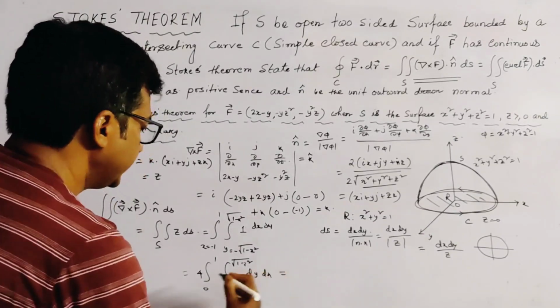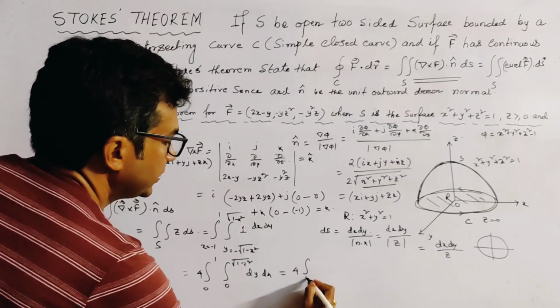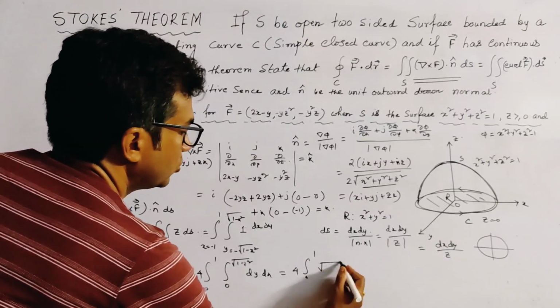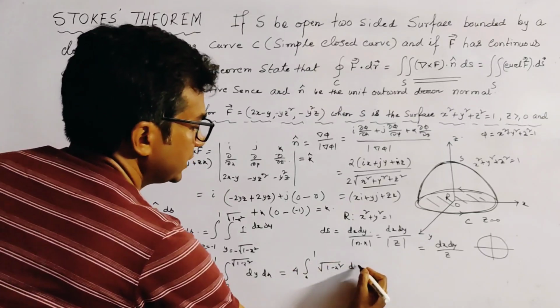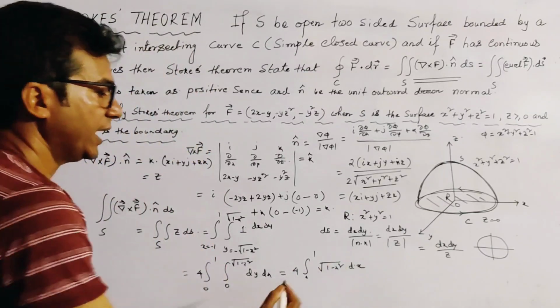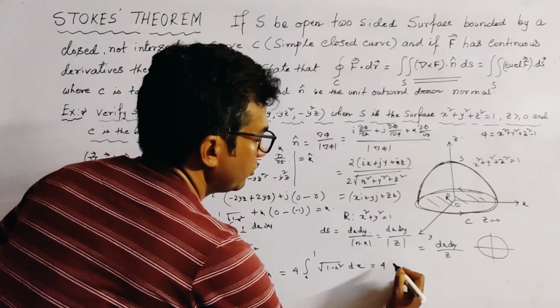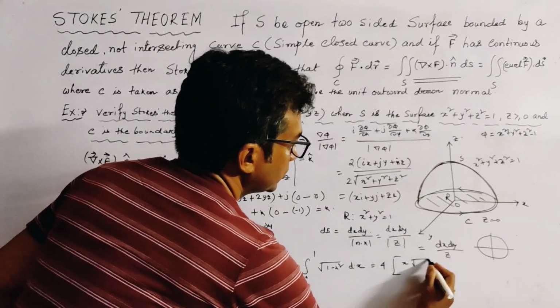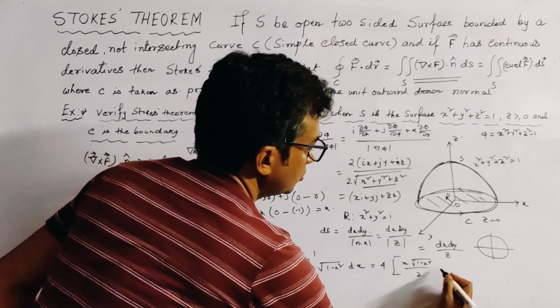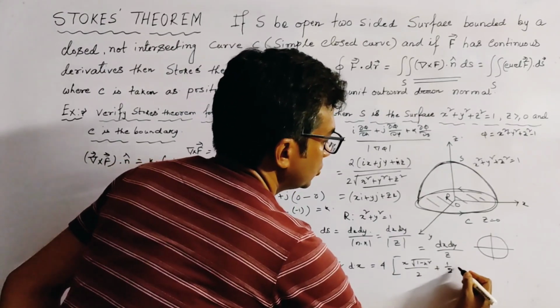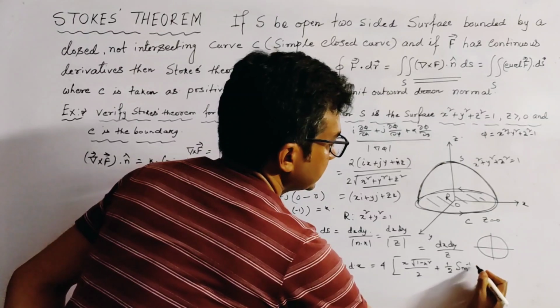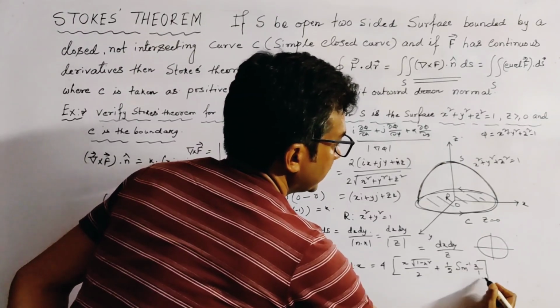Integrating, we get 4 into integration 0 to 1 root 1 minus x square dx, and this is given by 4 into x root 1 minus x square by 2 plus a square by 2, that means half into sine inverse x by 1, and the range is 0 to 1.